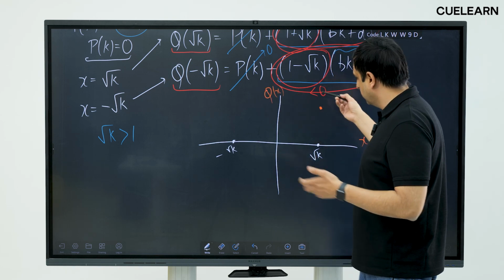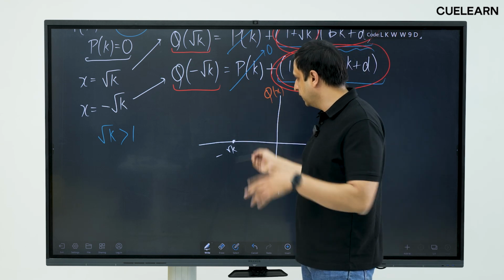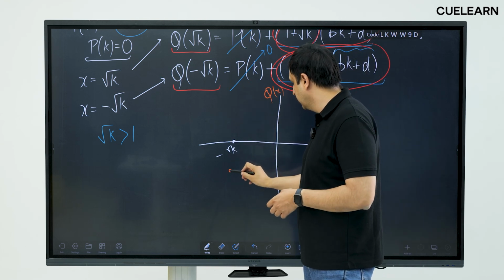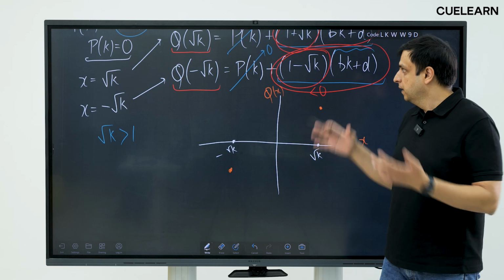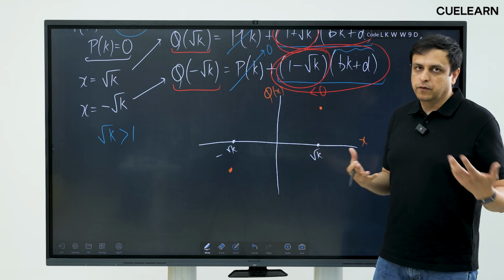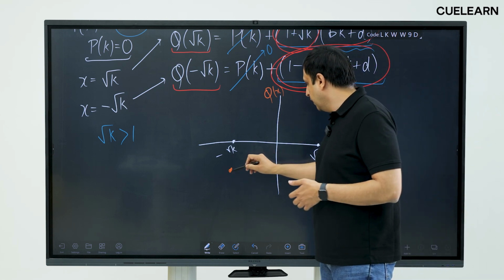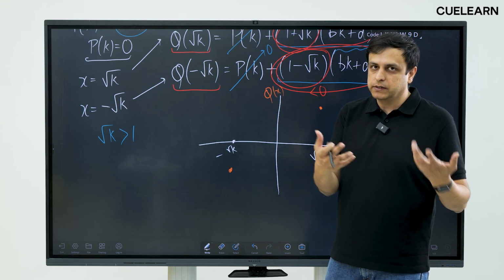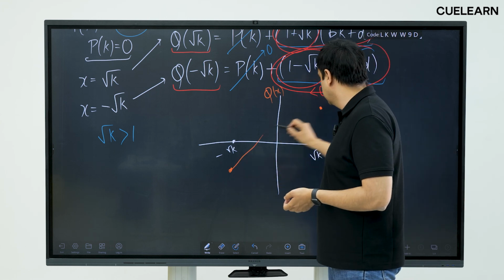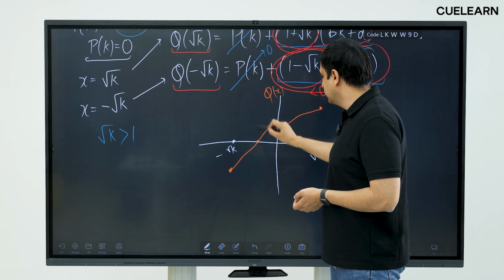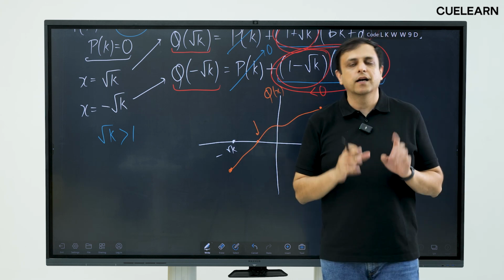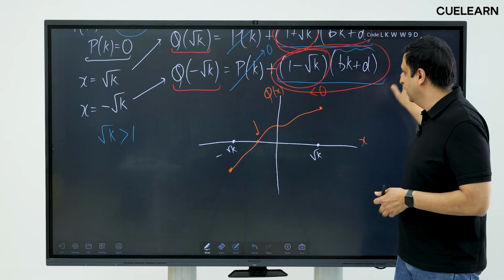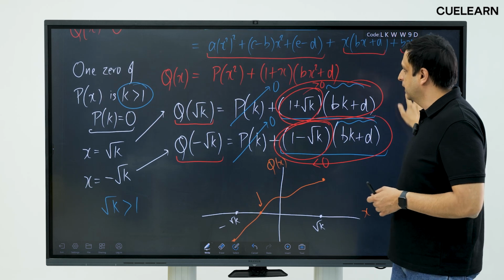But q of minus root k will then be negative, it will be of the opposite sign. And by the intermediate value theorem, because q of x is a continuous function, it's a polynomial, the graph of q of x must cross the x-axis at least once. It could cross it more than once, but it must cross it at least once, which means that we will get at least one real 0 of q of x, and that proves what we set out to prove.